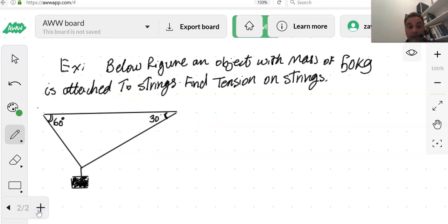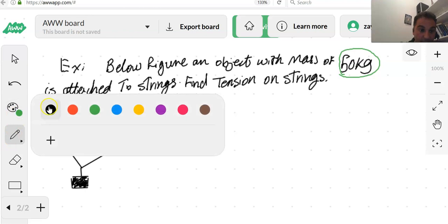So on the second page, the example says: below is a figure, an object with a mass of 50 kilogram, so it is heavy, is attached to two strings. One string is this one, one string is this one. Find the tension on the strings.